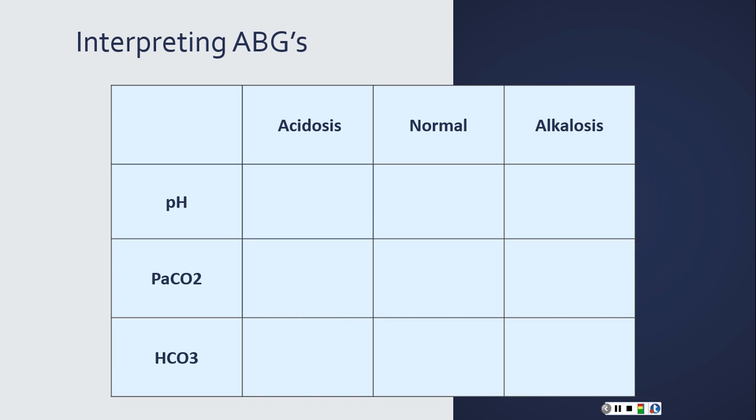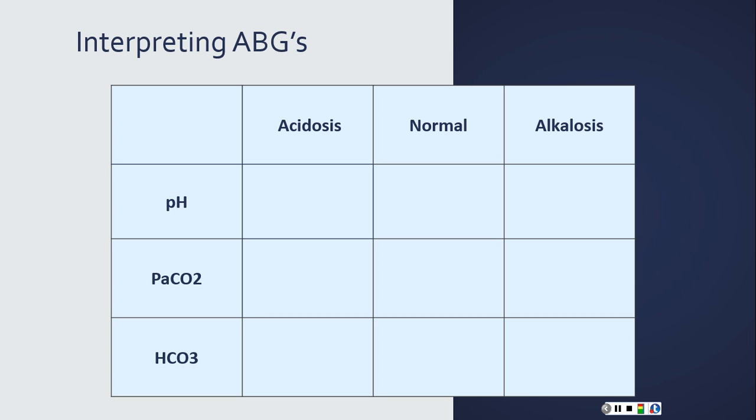It's uncompensated, which means nothing's moved. The third unit, in this case bicarb, has not moved yet. So that's uncompensated. Or partially compensated means that third unit is moving to affect the pH, to make up for the respiratory problem.